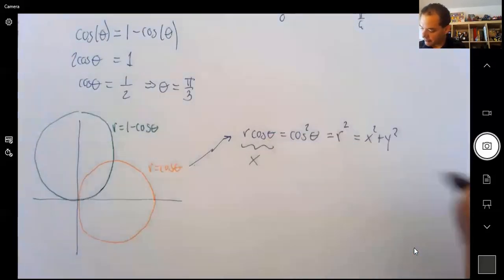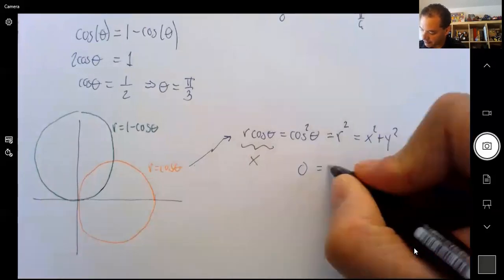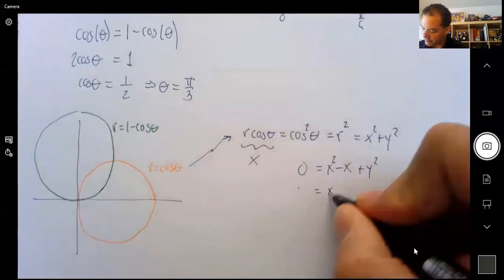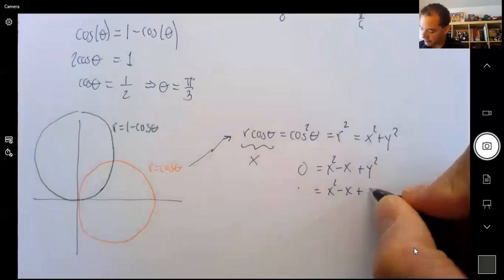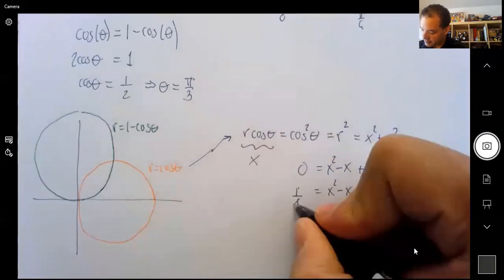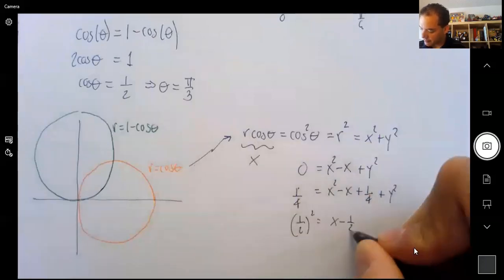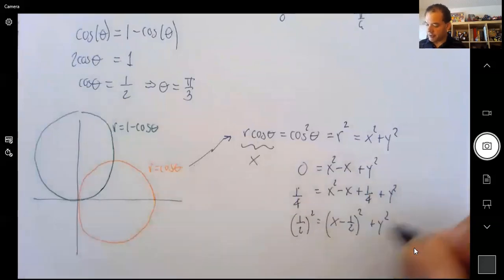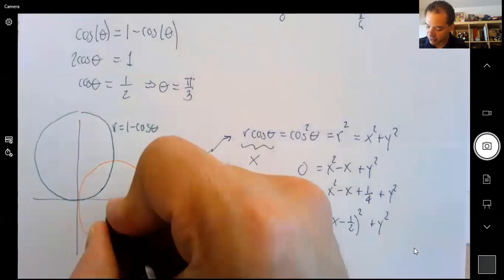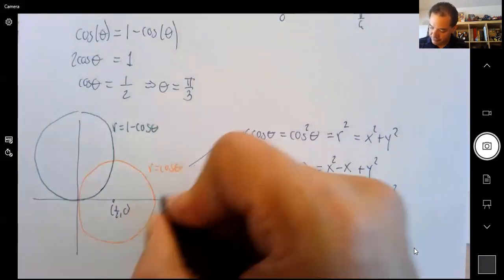So then I can complete the square. I have 0 equals x squared minus x plus y squared. Then I complete the square, so I add 1/4. So this is 1/2 squared equals x minus 1/2 squared plus y squared. So this is indeed a circle. It's a circle with center at 1/2 comma 0 and radius 1/2.